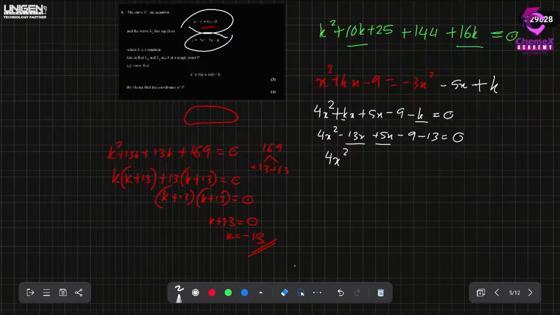Minus 13 plus 5? Minus 8x. So what is minus 9 minus 13?